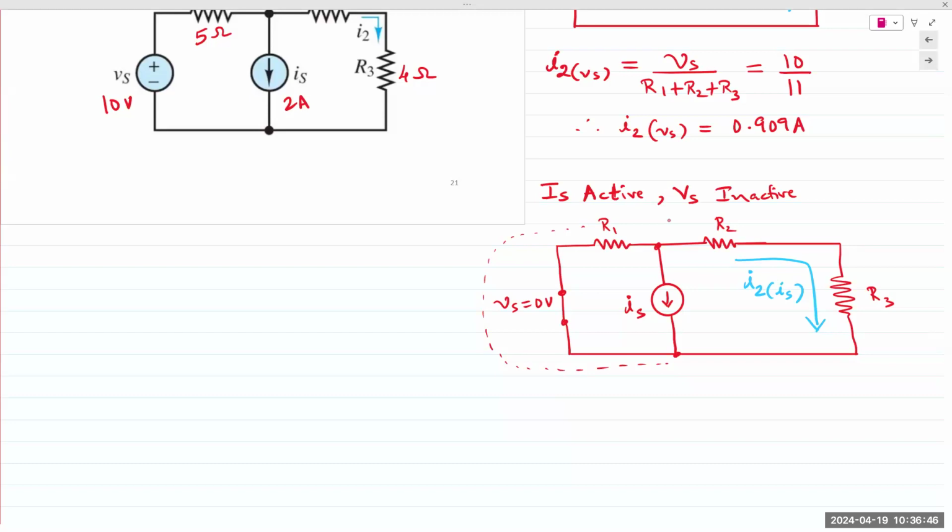I know it's not everybody's favorite technique. Current division is a little trickier than voltage division. But if you just want to take it 2 steps, again, current division, voltage division are just shortcuts. They allow you to skip over 1 or 2 steps. If you wish, you can reduce the entire network down to one single resistance, find the voltage across that current source. Because they are in parallel, the same voltage applies across both resistive branches.